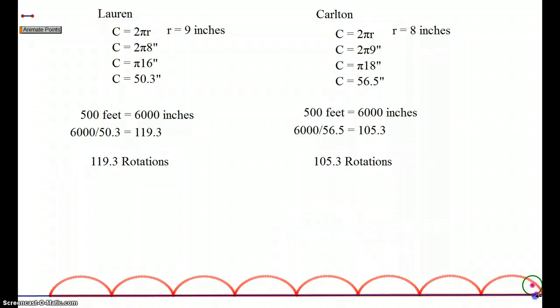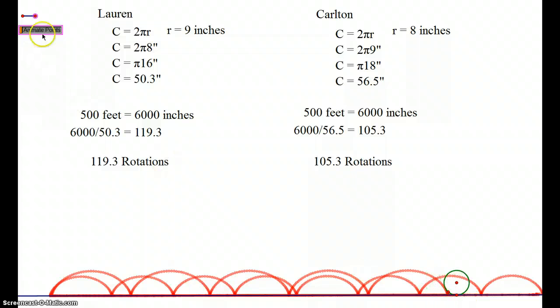If I move this back and look at Lauren's, which was a little bit bigger, we can clearly see that Carlton, with the smaller diameter and smaller radius, is going to spin more times than Lauren in the same distance.